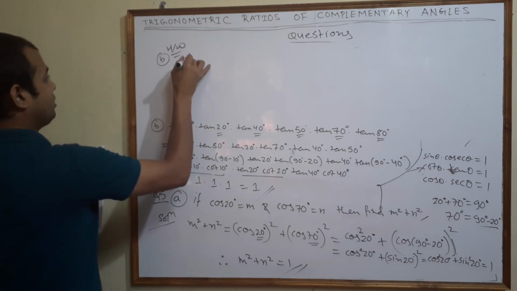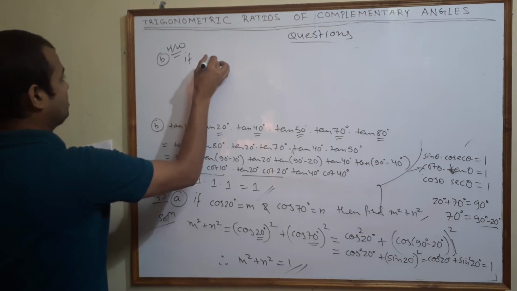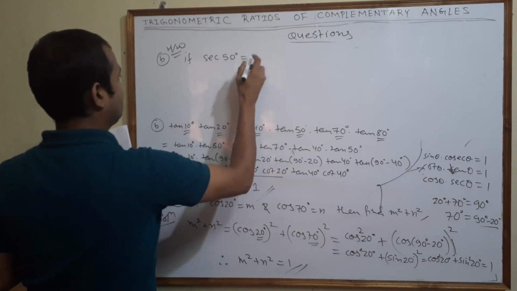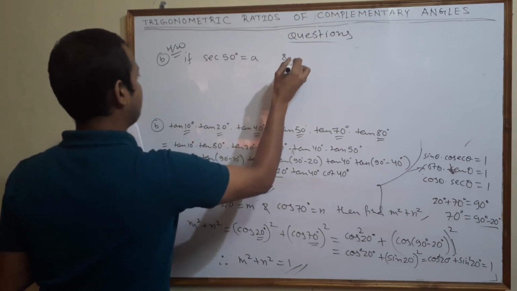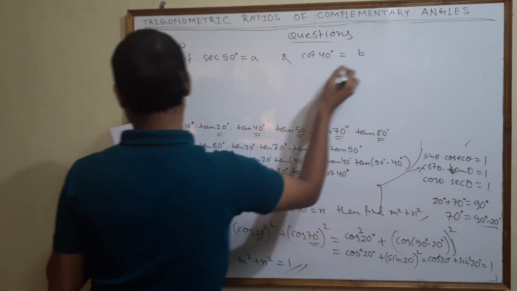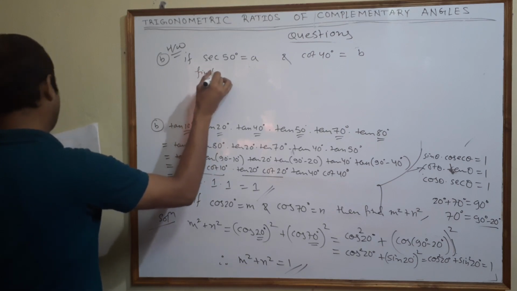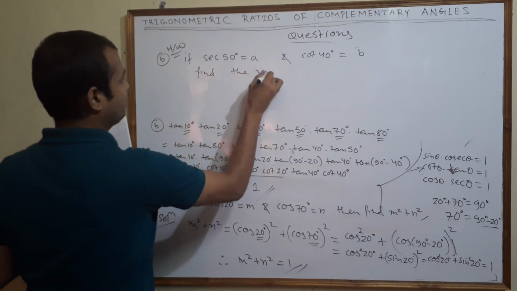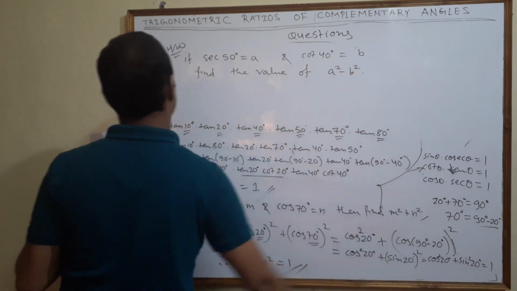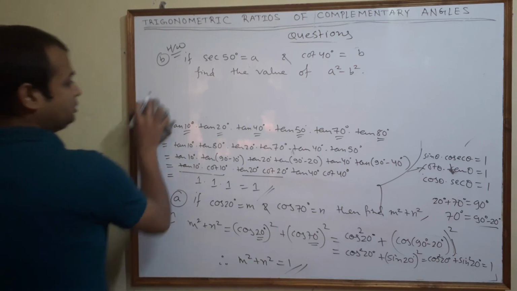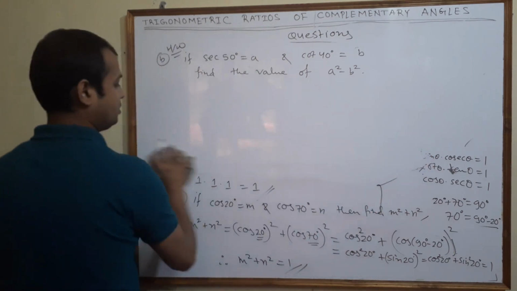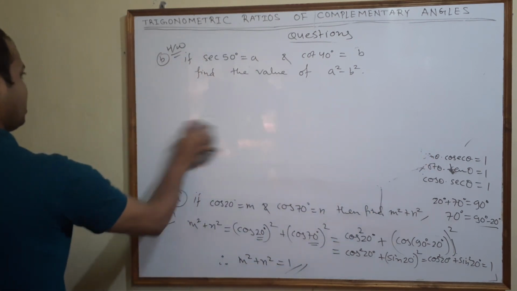If sec 50 degree is equal to A and cot 40 degree is equal to B, find the value of A square minus B square. So this is your homework. Please try this by yourself.